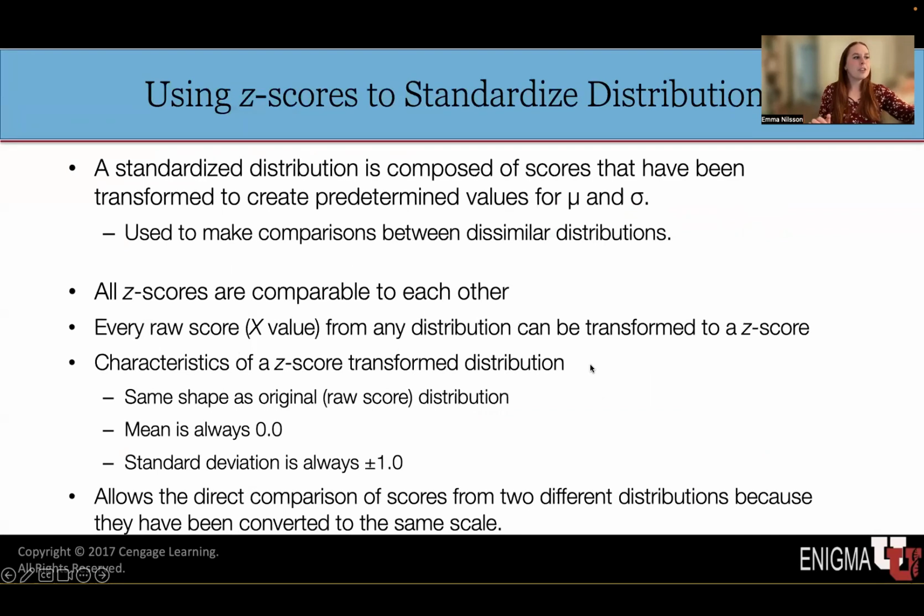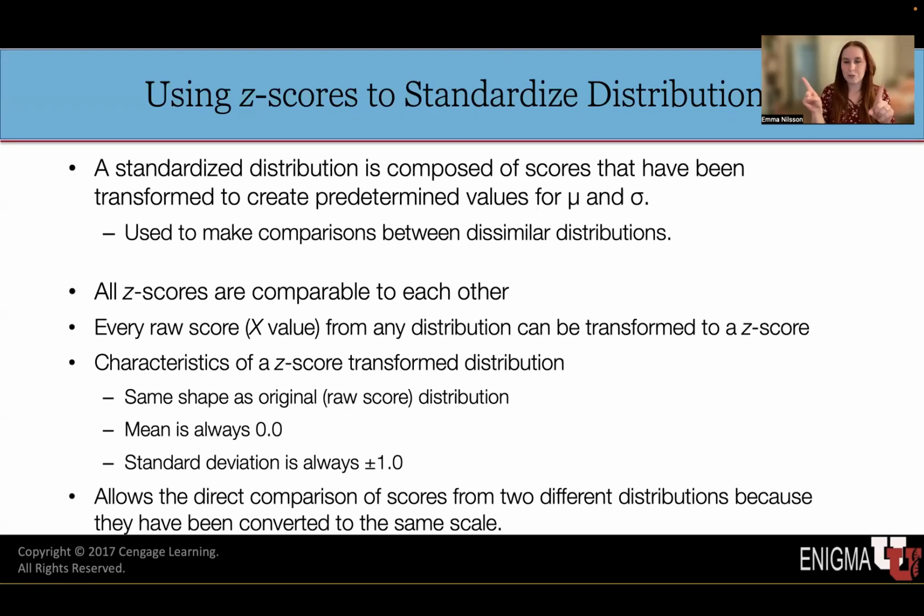The other thing that we can use z-scores to do is creating other standardized distributions. Oftentimes when we have two different distributions, you can't compare the raw scores to one another. That's often because, for example, one distribution is symmetrical and one is positively skewed, or even if they're both symmetrical, they have different means and different standard deviations.